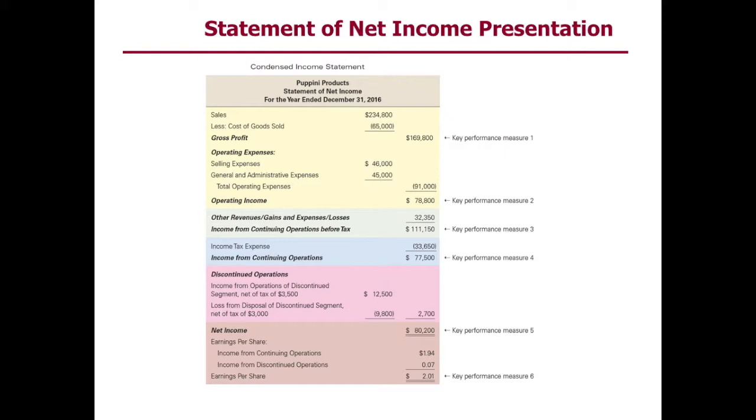That just allows the stakeholder to focus on one thing and forget about all the minutiae that might be floating around in the income statement that's irrelevant to their decision making. Now, just because a company uses the condensed income statement format, they still have to include all the information that made up that line item in either a footnote or the notes to the financial statements.